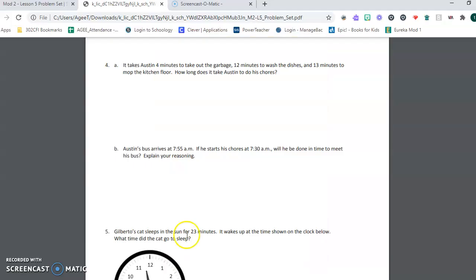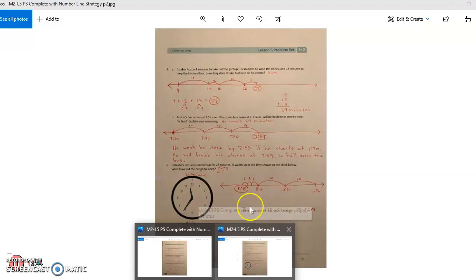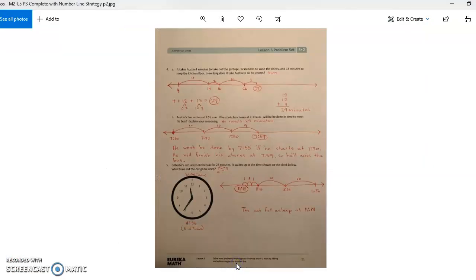So looking at it here, it says Austin's bus arrives at 7:55 a.m. If he starts his chores at 7:30, will he be done in time to meet his bus? Well, if he starts at 7:30, we know it takes him 29 minutes, right? He needs 29 minutes.